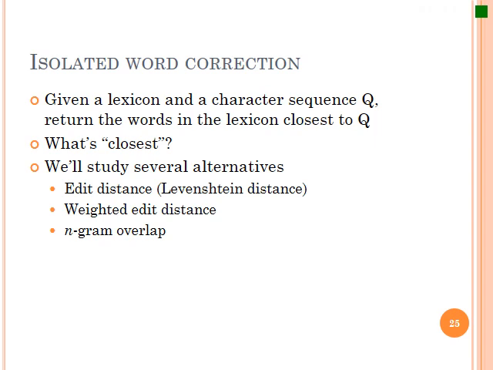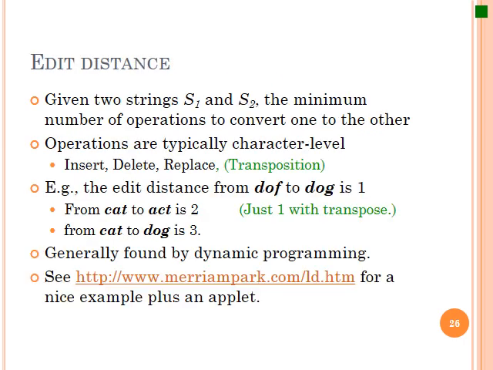So there are a few alternatives to doing this, okay? So in this lecture, we are going to study 3 approaches. One is edit distance, one is weighted edit distance, and the last one is n-gram overlap. Okay, so these are the few measures to assess the closeness between 2 different words.